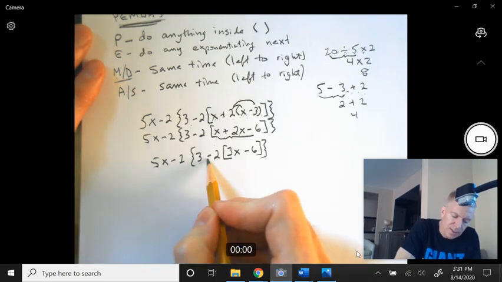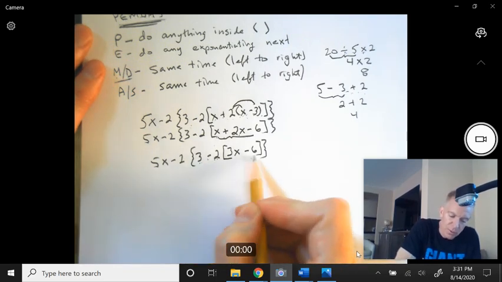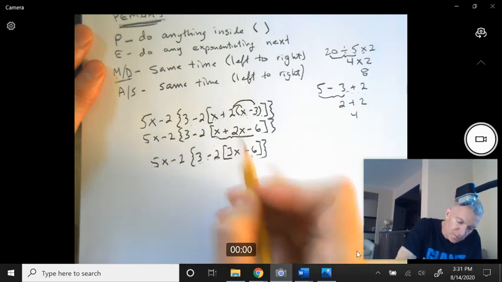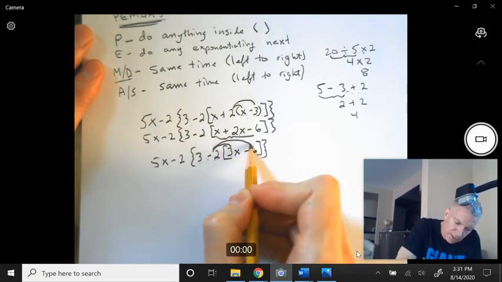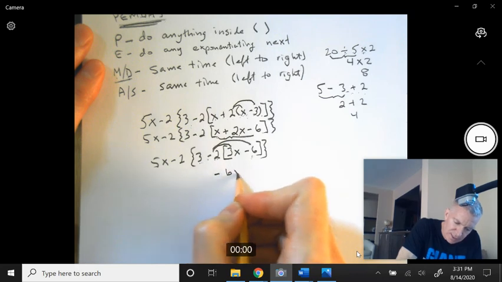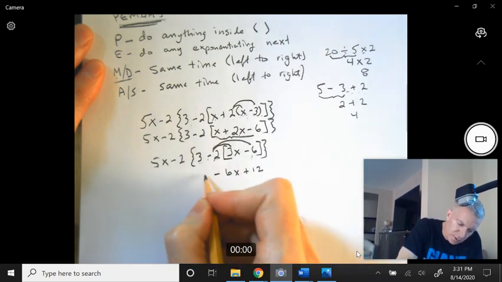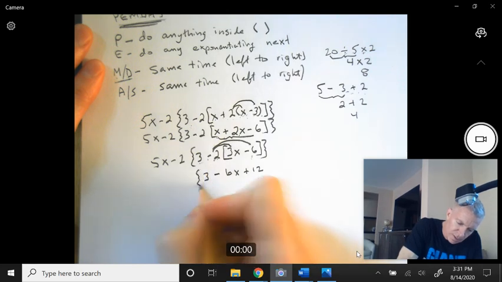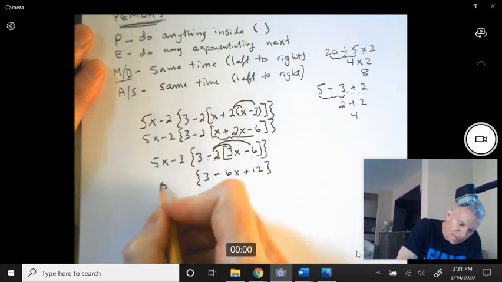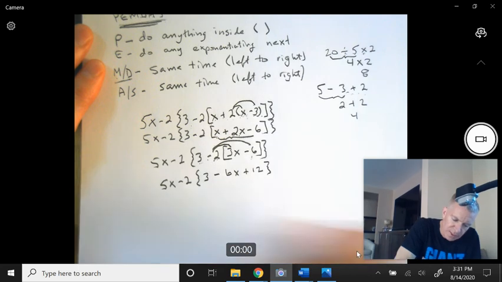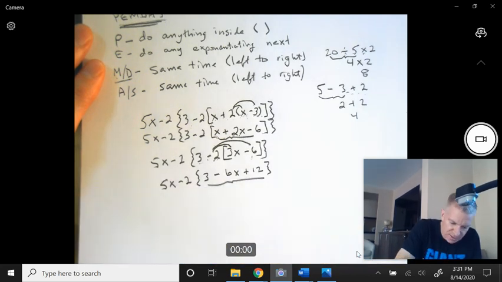This is a subtraction. This 2 is being multiplied by this quantity. So you've got to do the multiplication first. So that negative 2 gets multiplied here. So minus 6x, and negative 2 times negative 6 is plus 12. Then I can put the 3 down there, finish my braces, 5x minus 2.